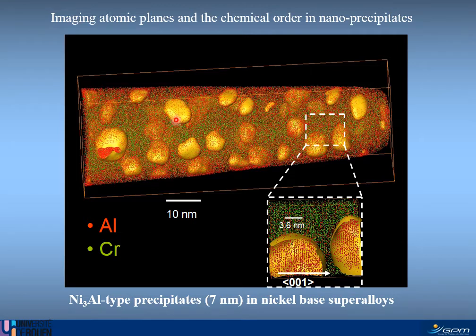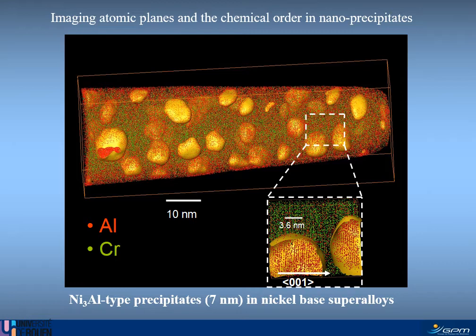These are isoconcentration surfaces in order to enhance the position of precipitates in this material. So you can see several precipitates here that are enriched in aluminium.